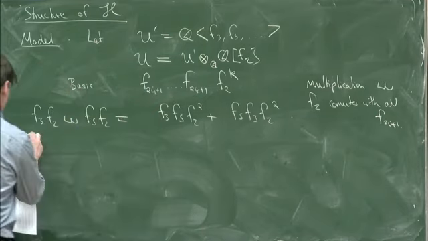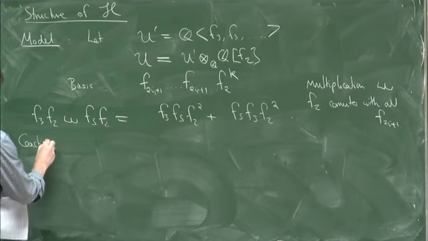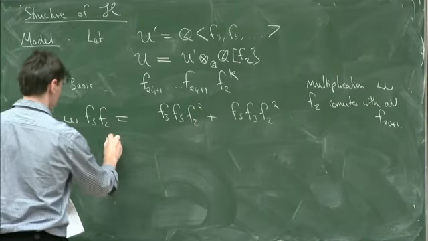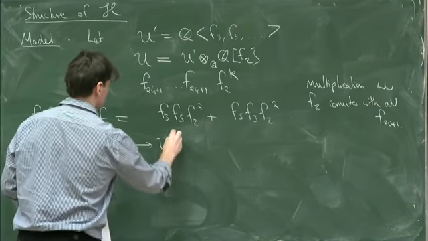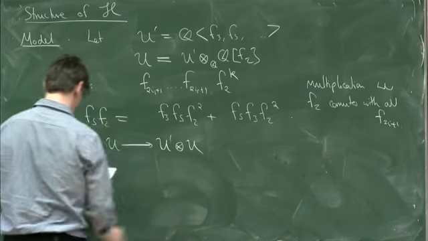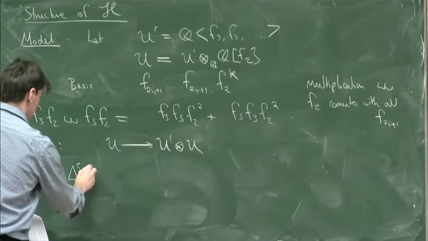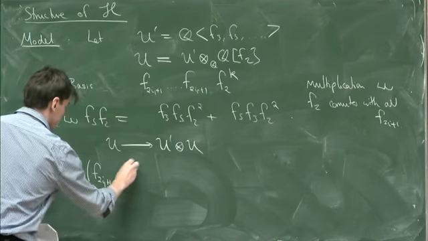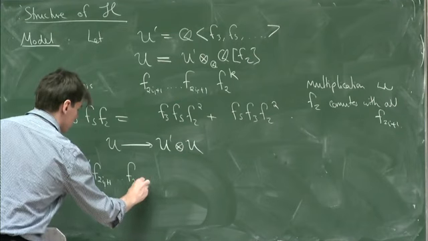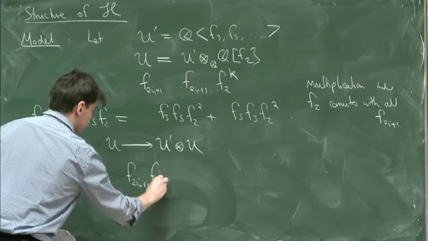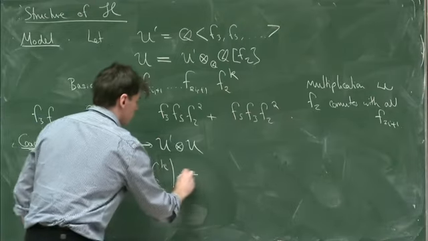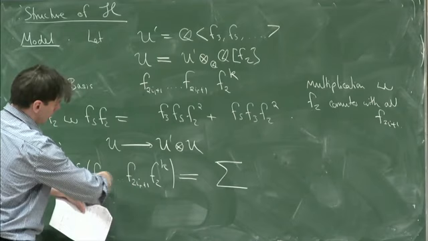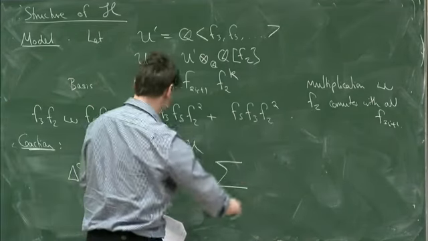Then there's the coaction. This is just the torso version of the deconcatenation coproduct. So the coaction of some such basis element f_{2i_1+1} ... f_{2i_r+1} f2^k equals the sum from j equals 0 to r, where I deconcatenate the left part in all possible ways and shove all the 2's to the end.